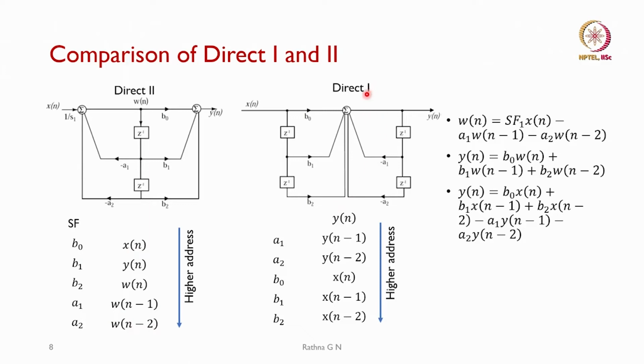When I see the direct form 1 structure, the zeros are in the feed forward and the poles are in the feed backward stages. I need 5 coefficients in this case also, except that we need y of n minus 1 and y of n minus 2 outputs also.